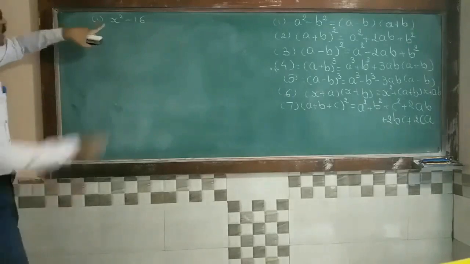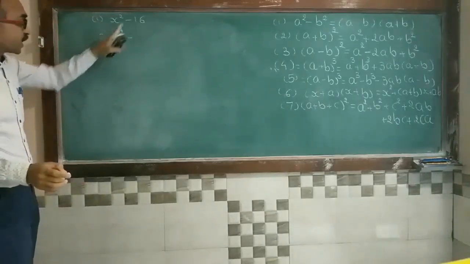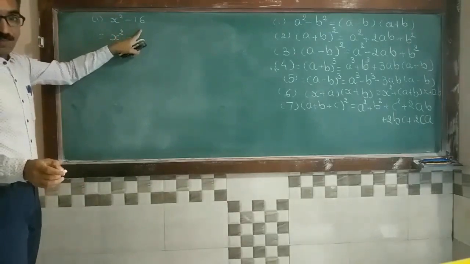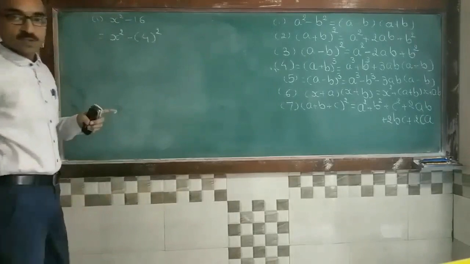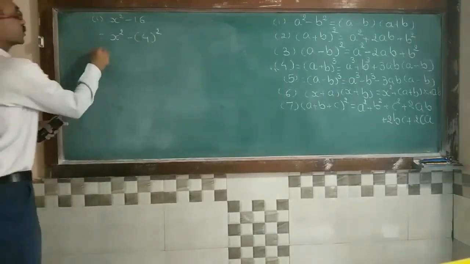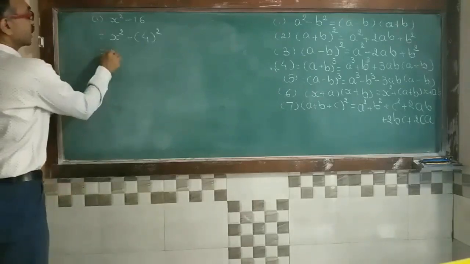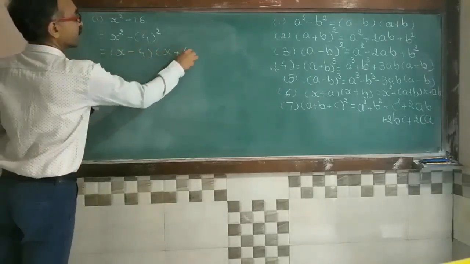This is x square, a perfect square, but 16 is also a perfect square number. That means 16 is the square of 4. So we can write x square minus 4 whole raised to square. So the answer is (x minus 4) and (x plus 4).